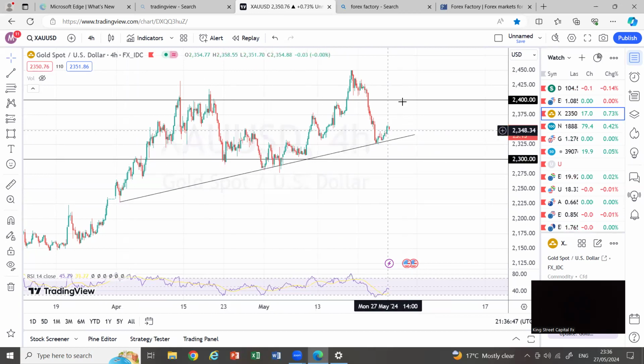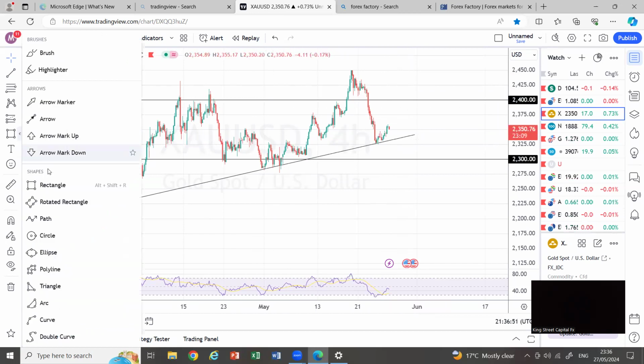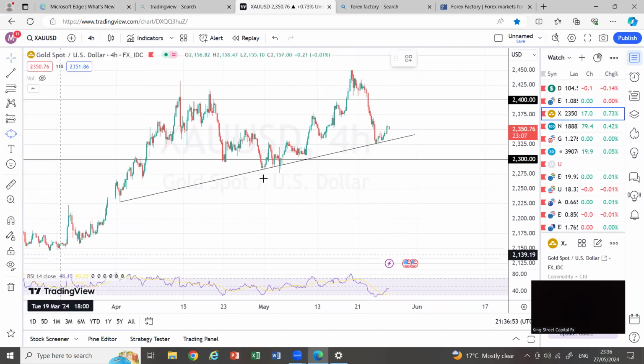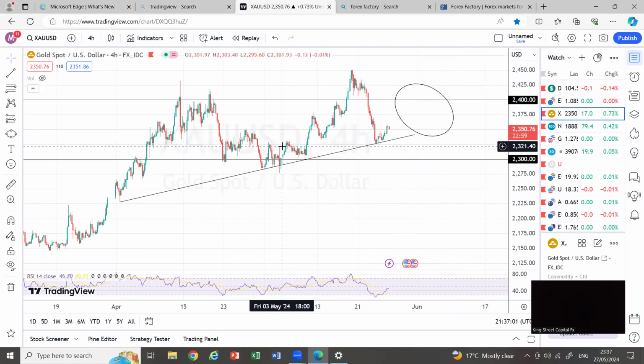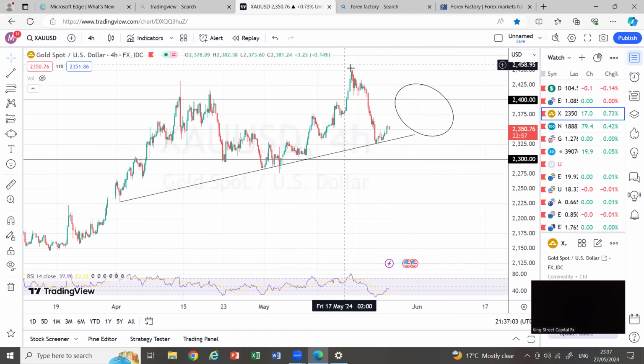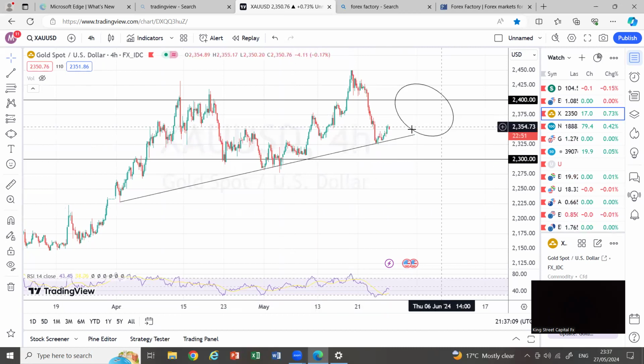Almost touch and heading up. Let me draw an area that we would be interested in looking at. Price has made a new higher high, higher lows as it follows this pattern.